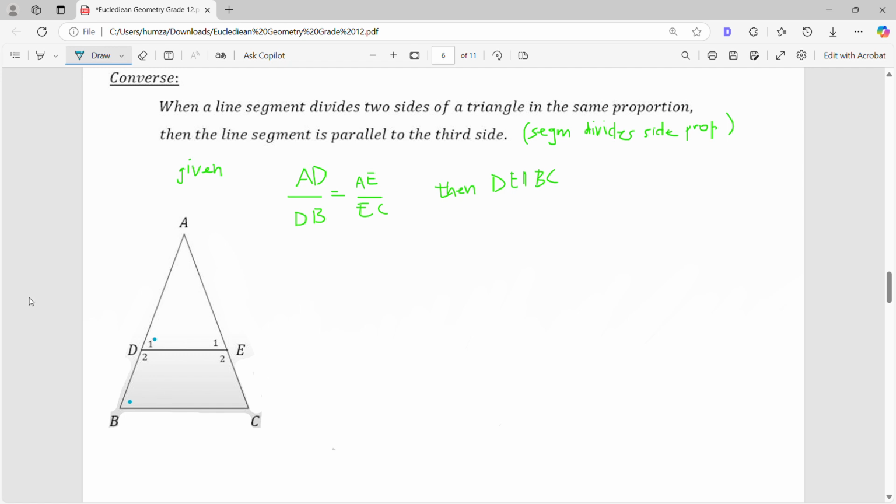Because they are corresponding angles and corresponding angles are equal.